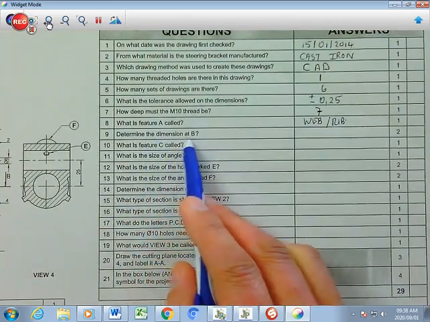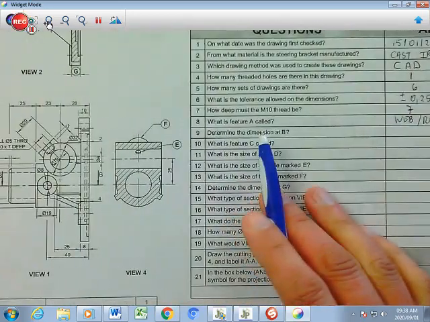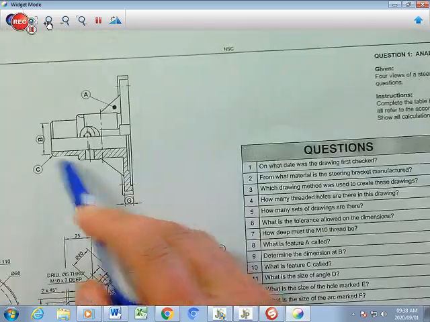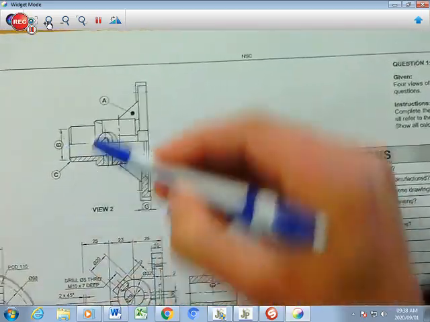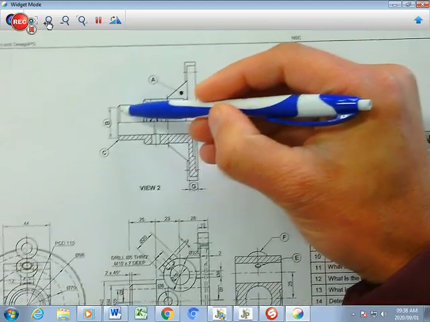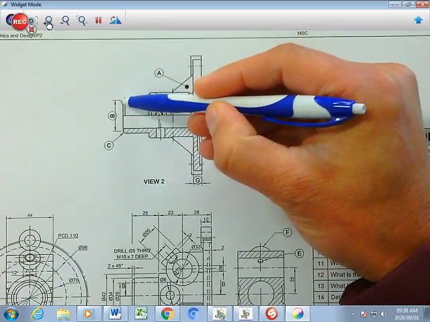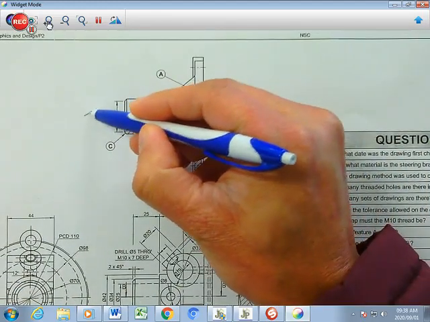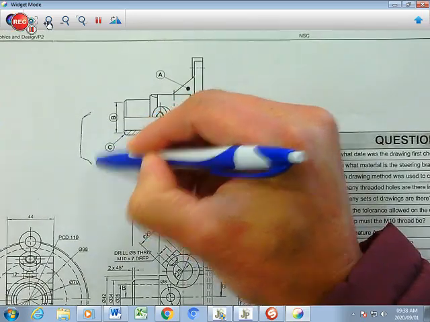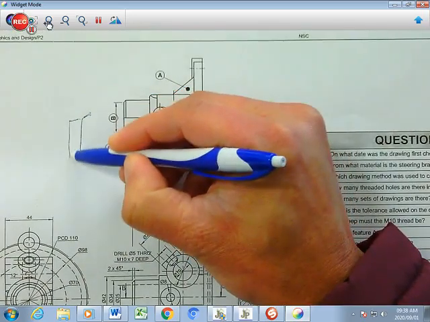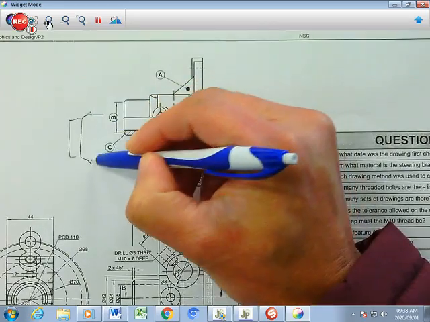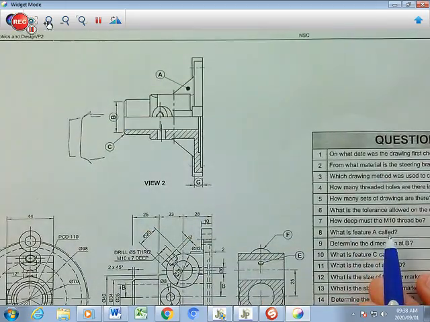Determine the dimensions at B. So you're going to go back to that view 2 here, there's B. Now here I want to explain, so you need to find that section there, B. If I zoom in on it, B is going to be that part there. Alright, be careful. That's what they want, B.